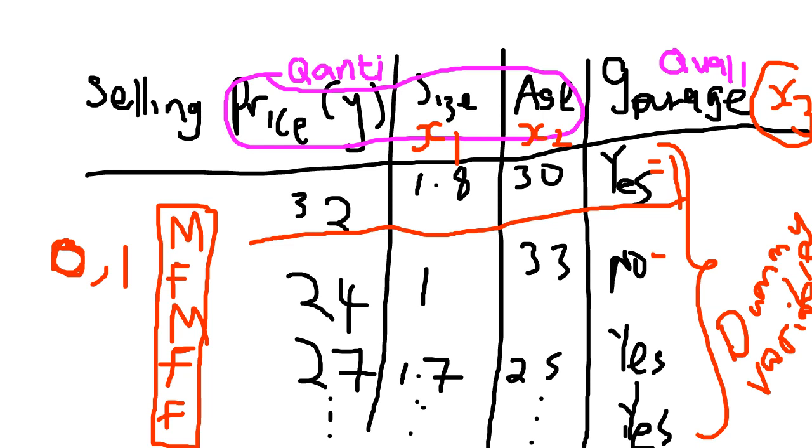Wherever you see a no, you put 0. Wherever you see yes, you put 1. We call these values dummy variables, because we changed something which was categorical and made it numerical.